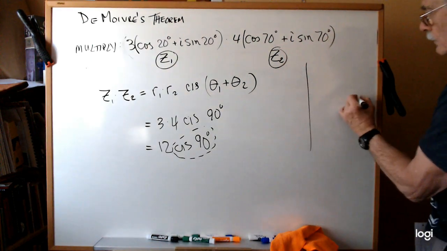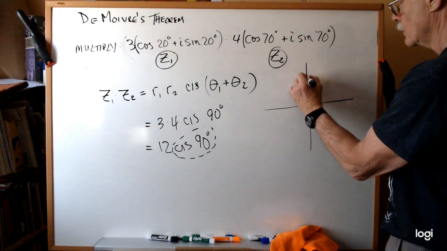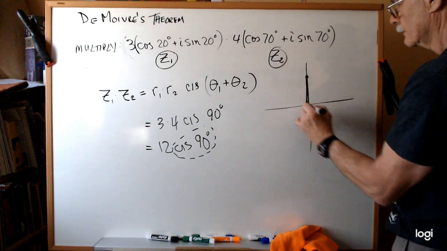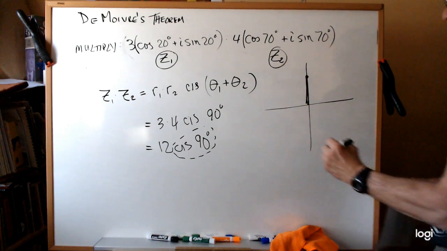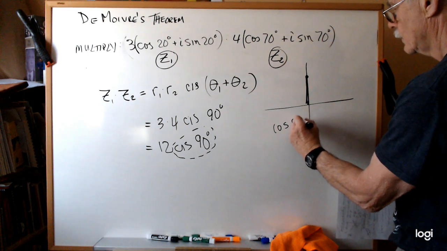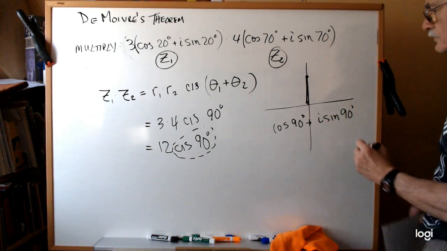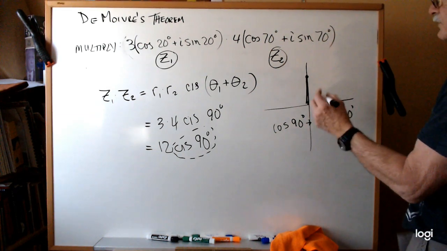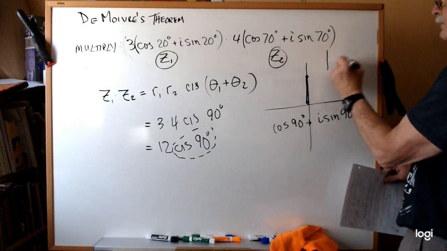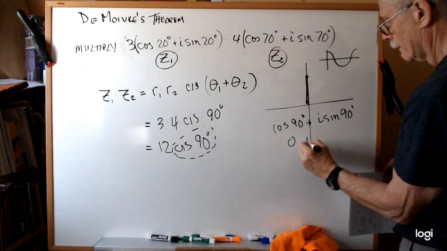90 degrees is right here. So you have cosine 90 plus i sine of 90 degrees. And the cosine of 90 is, as everybody knows, well, just make a little sketch here. Cosine of 90 is 0.